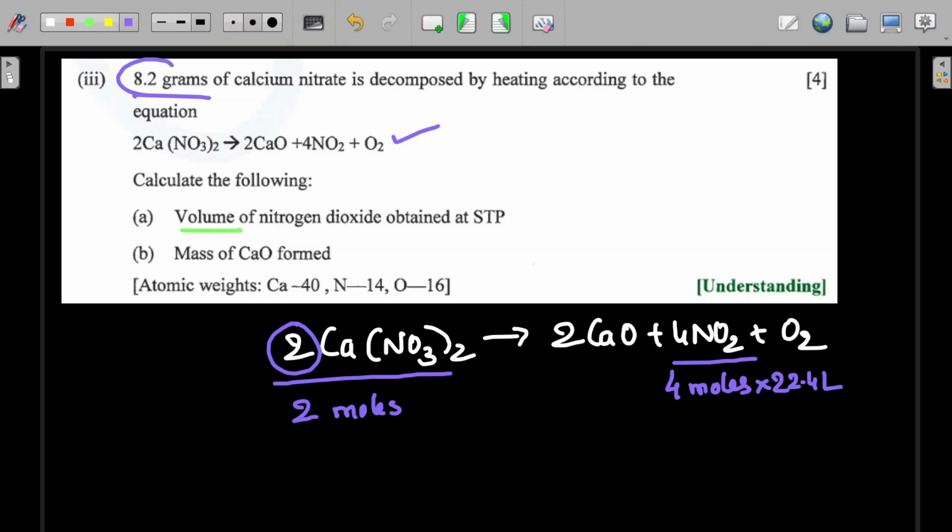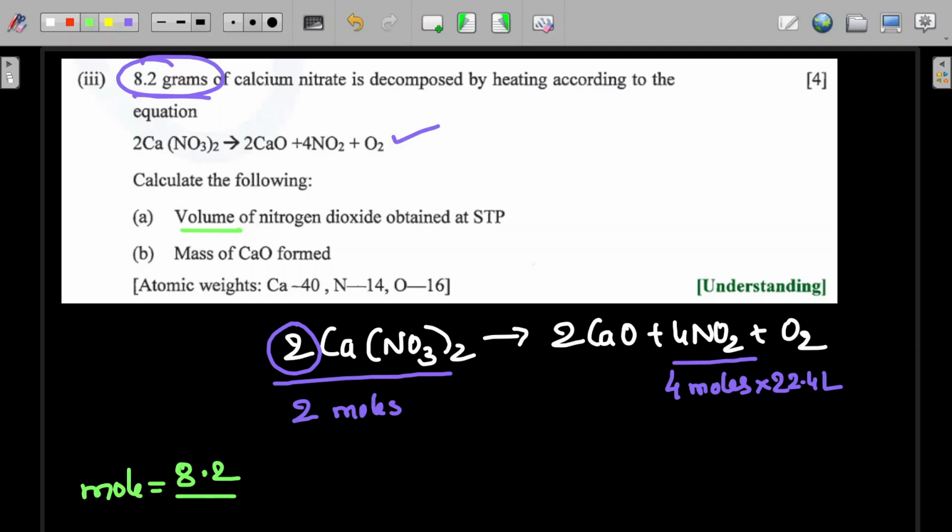Now 8.2 grams means how many moles? That you find first, right? So how do you do? Mole is equal to mass divided by molecular mass. Now we have to find the molecular mass of calcium nitrate and divide by that.